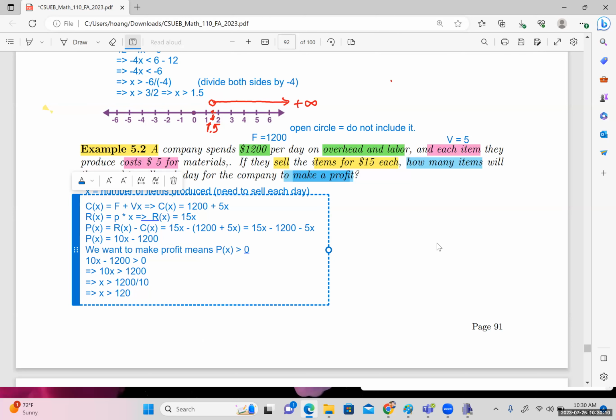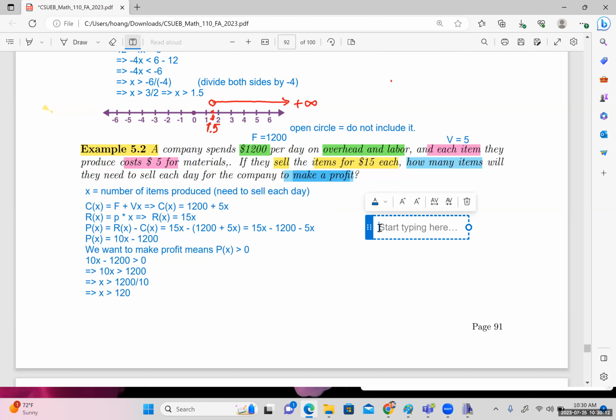I'm going to write here: the company needs to sell more than 120 items a day to make a profit.